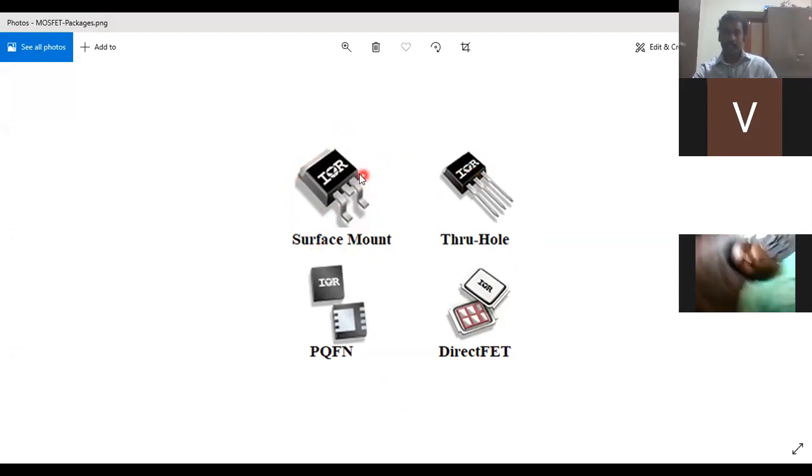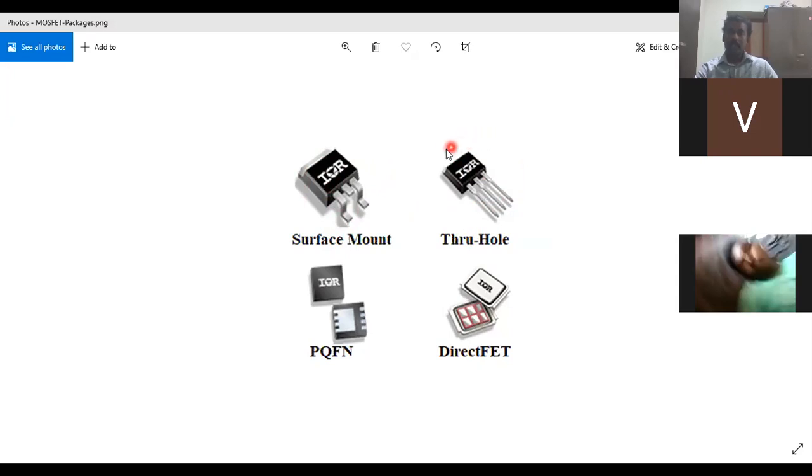The general packagings of the MOSFET are these. One is the surface mount, so that means these devices are directly fabricated onto the board. Then the through hole mount, so here you are going to have a hole. These devices are fabricated onto the heat sink, which is an aluminum metal heat sink.